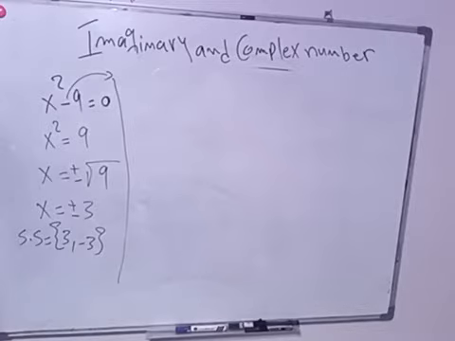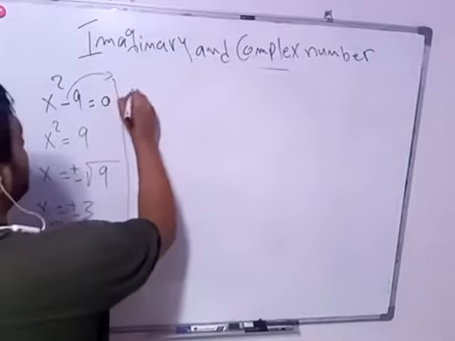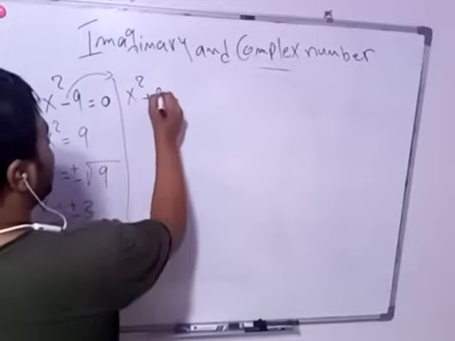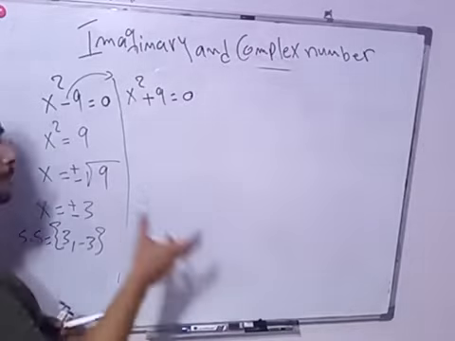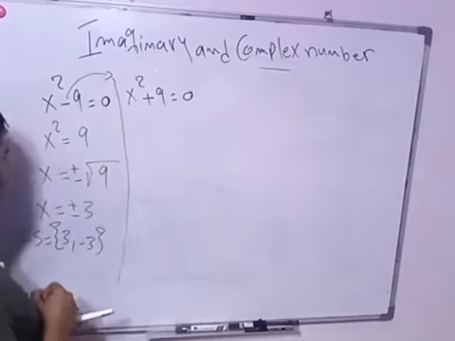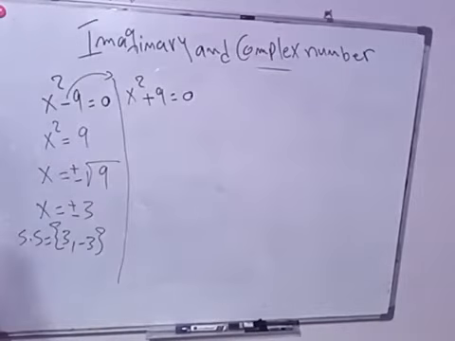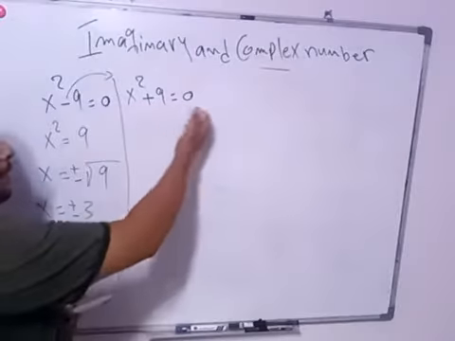But in this year, I have x power 2 plus 9 equals 0. How can I find the value of x, the solution set? In real numbers, the solution set is empty because it has no meaning.